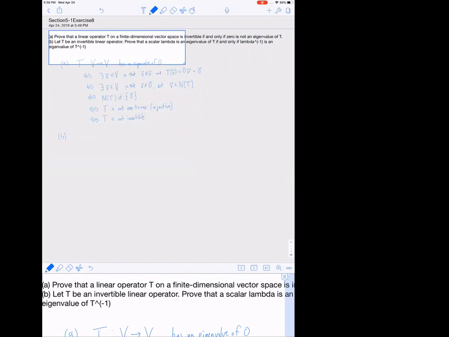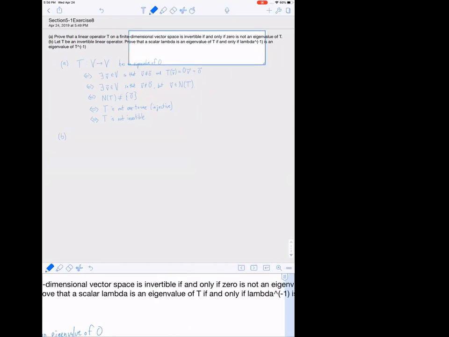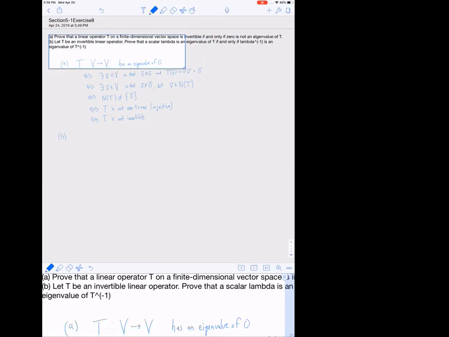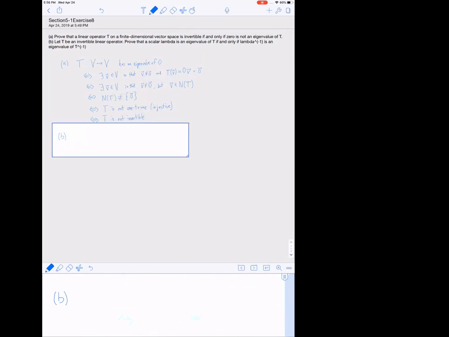All right, then let's proceed to part B. Part B asks, let T be an invertible linear operator. Prove that a scalar lambda is an eigenvalue of T if and only if lambda to the power -1 is an eigenvalue of the inverse of T. So let's suppose that lambda is an eigenvalue of T, a linear operator, again from a vector space V back to itself.